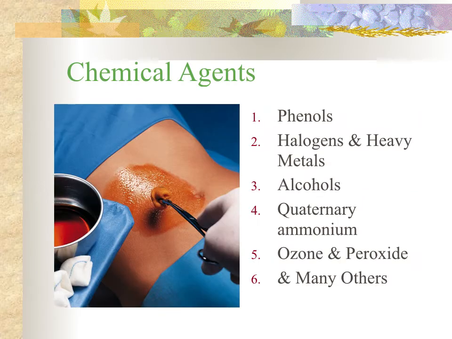Okay. In general, we divide methods of control into two big groups: chemical methods, and these chemical methods may sterilize a substance, or they may be used to treat or prevent infection, so they might be used on the skin. But there's lots of different chemicals that I'm going to talk about.